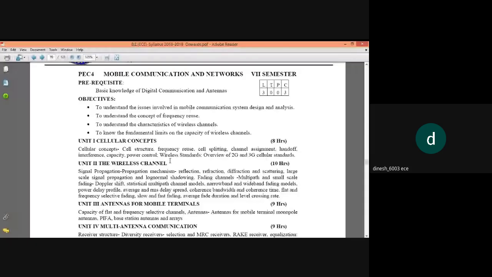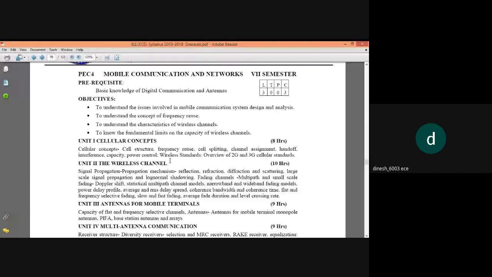Digital communication you would have studied in your fourth semester, analog communication, digital communication. So the basics of digital communication are to be understood properly. If you are familiar with the analog and digital communication subjects, you can easily understand mobile communication and networks.